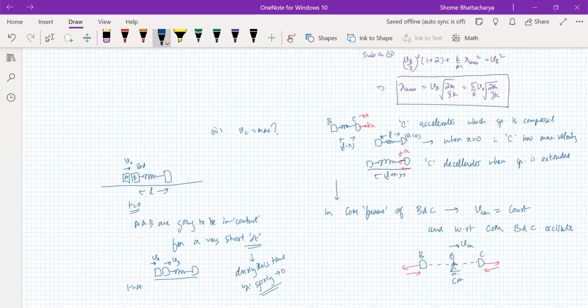So the impulse due to the spring on both B and C is tending to 0. That's why we are not involving the spring. Okay, Dhruv, hope this point is clear.